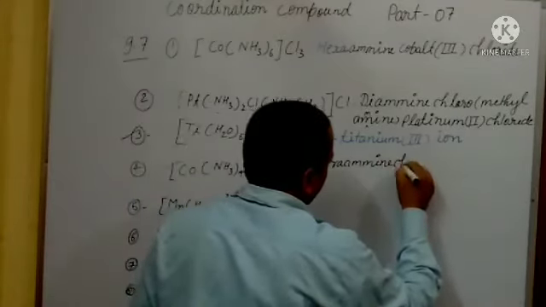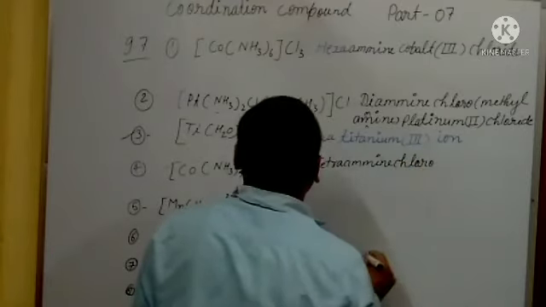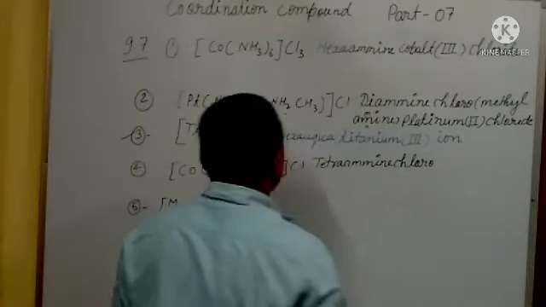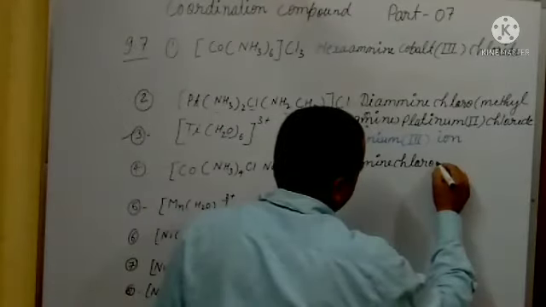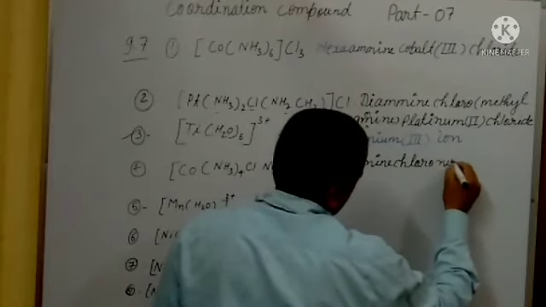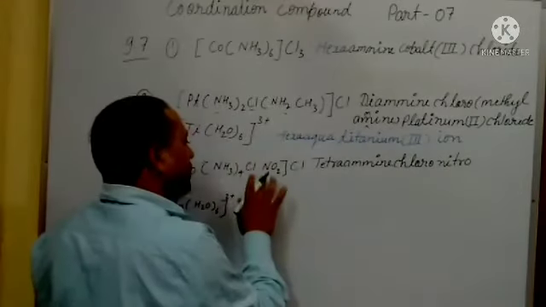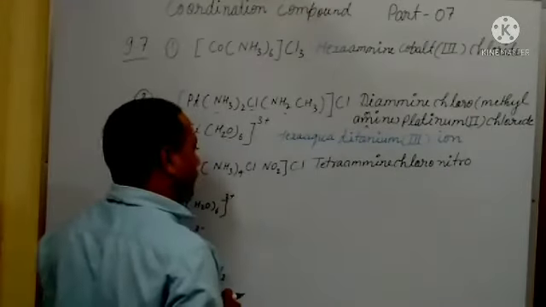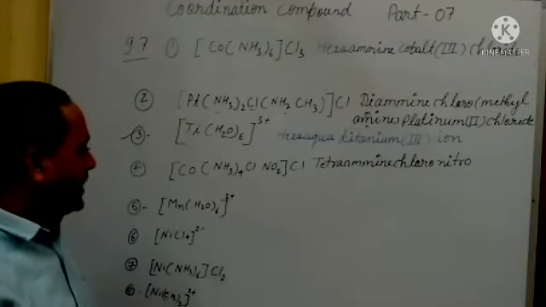Chloro, then nitro. Nitro is an ambidentate ligand, so we have to show by which atom it is bonded.